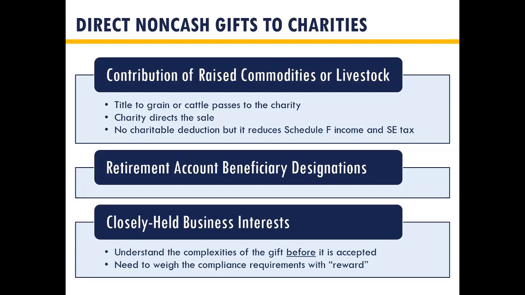It might seem like a straightforward partnership interest, but are there foreign holdings embedded in that that then trigger foreign reporting requirements? There's a lot of things within those, I call them the K1 investments, that you really want to understand before you accept that gift. If it's a gift of a partnership interest, are there capital call requirements within the partnership agreement?